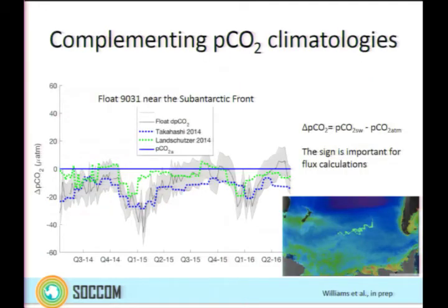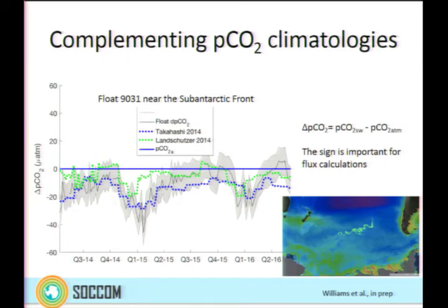And so now I'm showing some float data. This is float 9031, which is down here in the South Pacific, north of the ACC. And I'm comparing the float data in black with shaded error bars for the 2.5%, with 2 climatologies, the Takahashi 2014 climatology and the Landschutzer 2014 climatology.